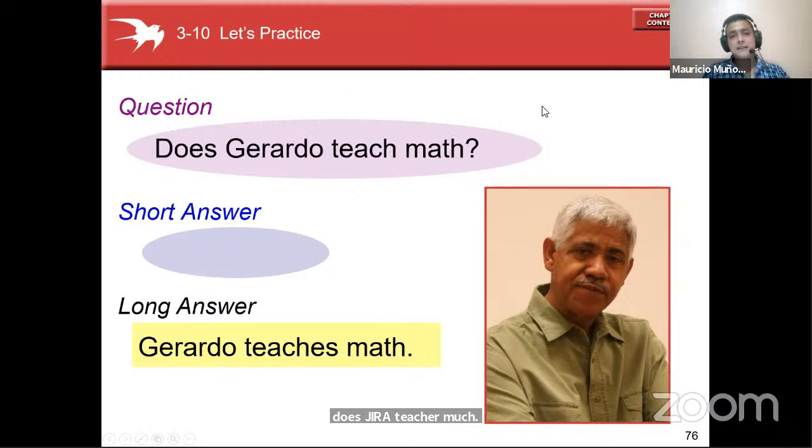Correct. Okay, lo único, Juan Vargas, recordemos que en pregunta eliminamos sufijos. No podemos decir teaches, solo teach. Does Gerardo teach math? Okay, entonces, Mr. Juan, ¿cuál sería la respuesta aquí?